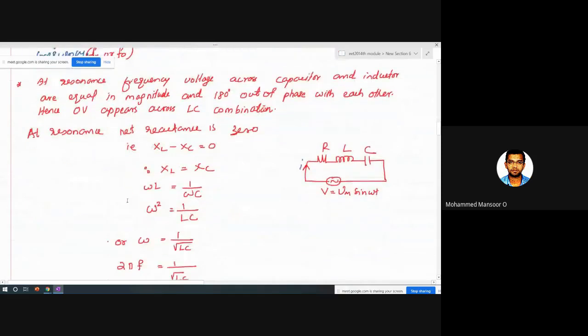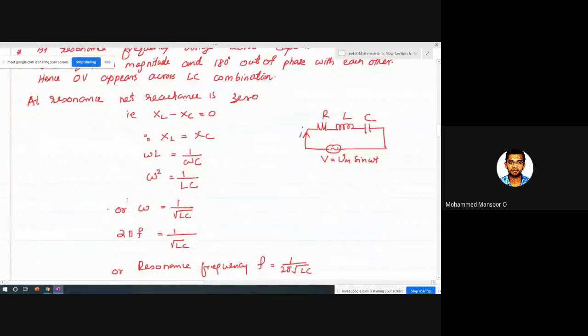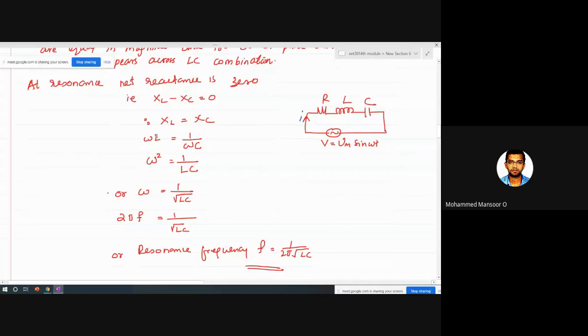Let's derive the equation for the resonance frequency. What is the condition for resonance? XL is equal to XC, or XL minus XC is equal to 0. XL is equal to omega L, and XC is equal to 1 by omega C. Cross multiplying, omega square is equal to 1 by LC, so omega is equal to 1 by root LC.